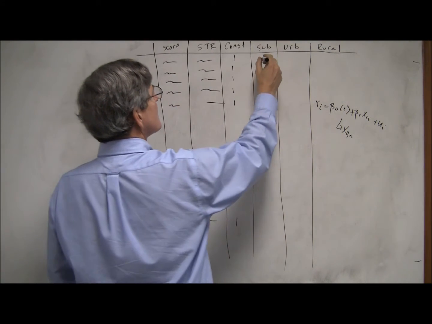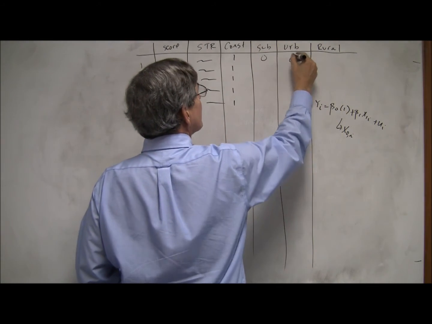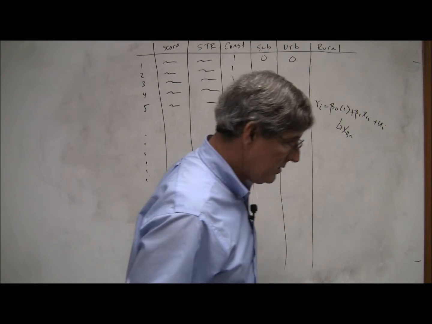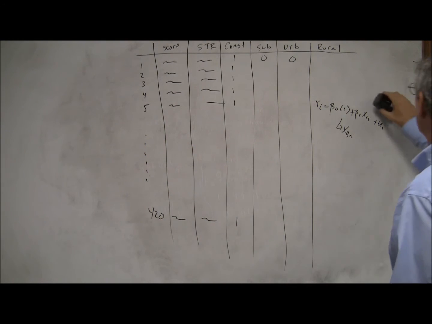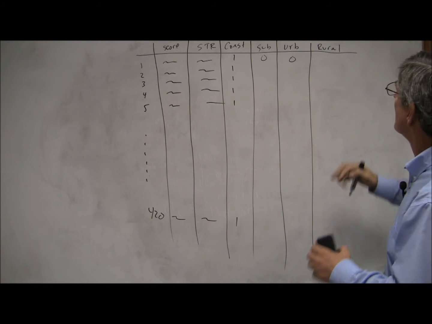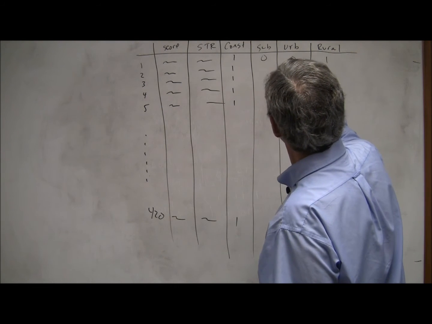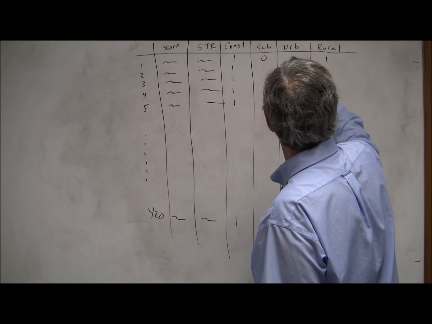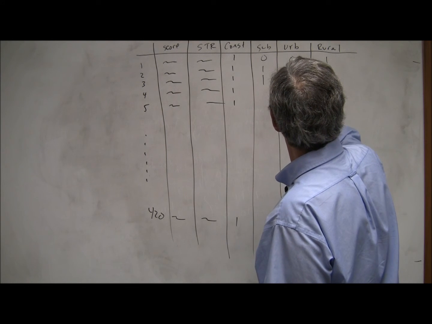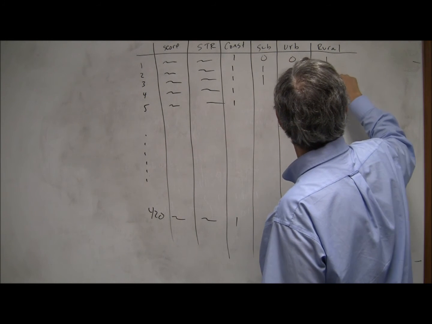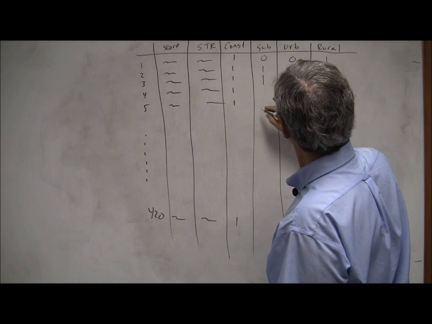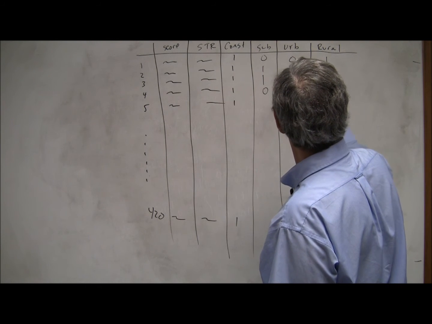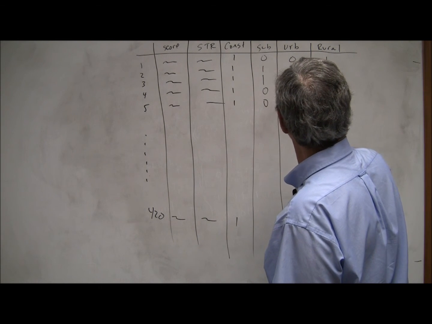Now each one of these schools, let's say the first one is rural. Second one's suburban. Third one's suburban. Oops, this is 0. The fourth one is urban, another rural.